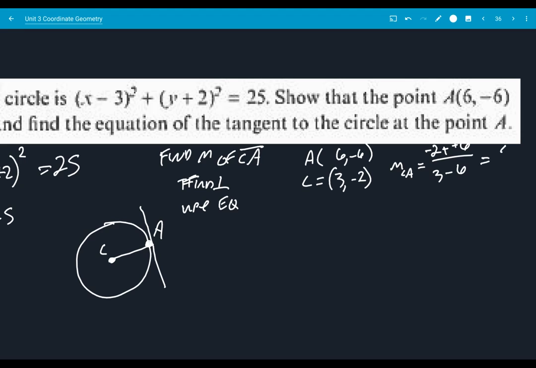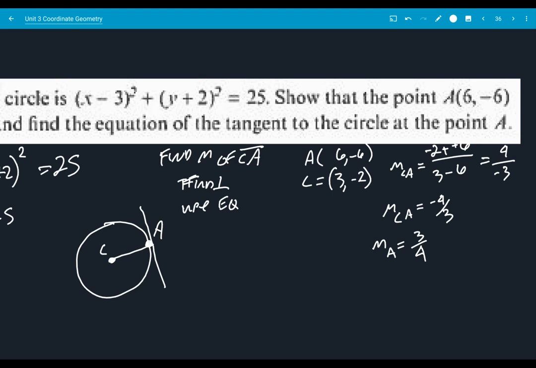So it's going to end up being 4 over -3. So my m of CA is -4/3. So my m of, I'm just going to call it A, is 3 over 4, the perpendicular.